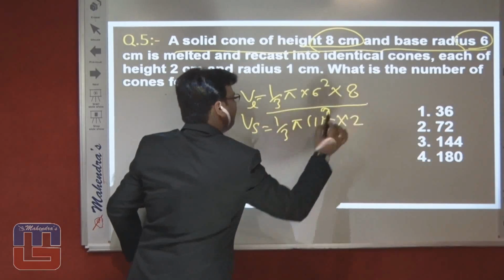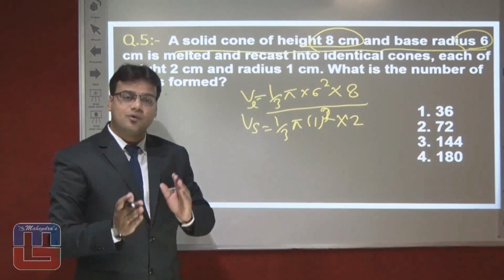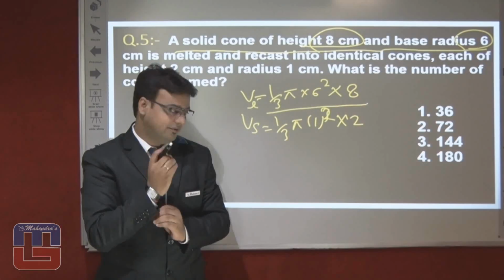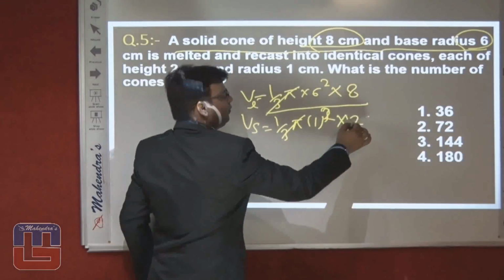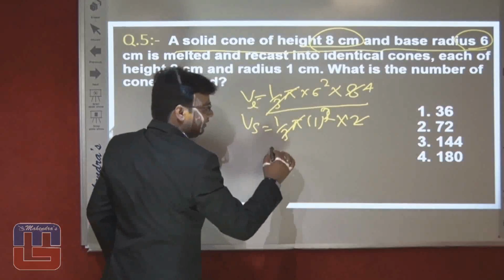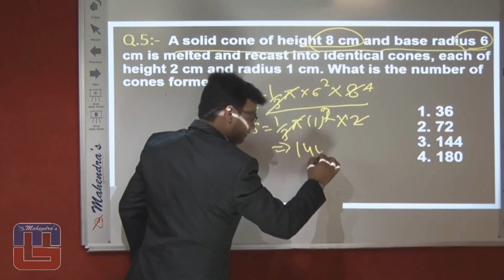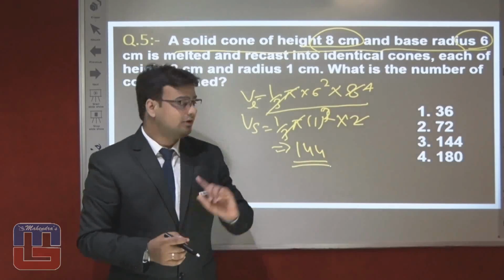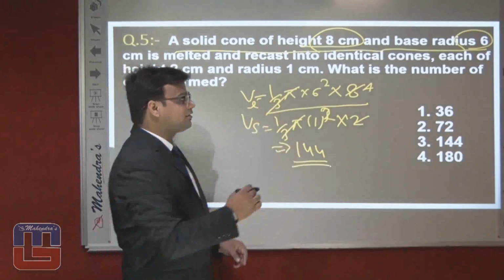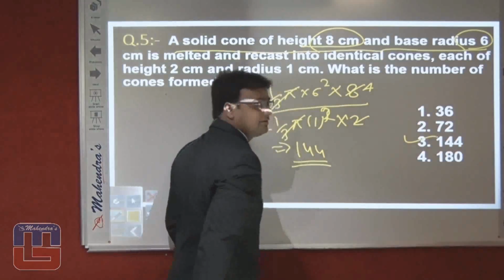If we divide that way, then we get the number of cones formed. So 1 by 3, 1 by 3 cancel out, 2 4s are 8, and 6 square 36, 36 8s are 288, divided by 2 is 144. That means the number of cones formed is 144. 144 in which option? Here clearly in the third option. So our correct option is third.